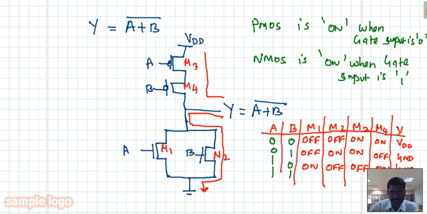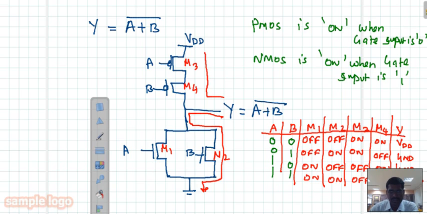For the last case, both A and B are 1, and that means both NMOS M1, M2 are on, and M3, M4 are off. So the output is connected to ground.